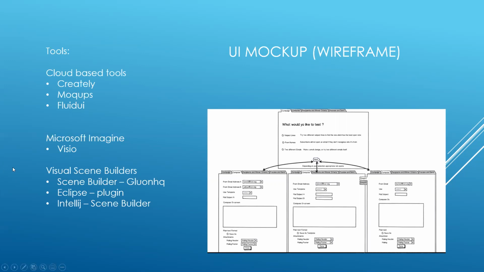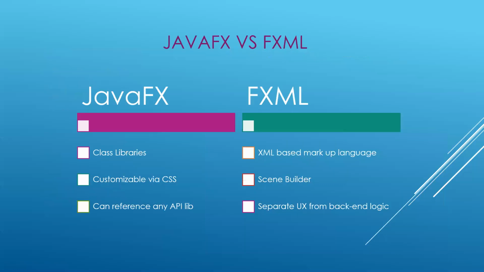There's also some visual scene builders available, and they're pretty nice to use. IntelliJ, Eclipse. Gluon has one that we can use with NetBeans, but it costs a subscription amount per month. So you can check into all of these visual scene builders, but you might not even want to after we're done looking at things. So there are two ways that we can use JavaFX to build our GUI app.